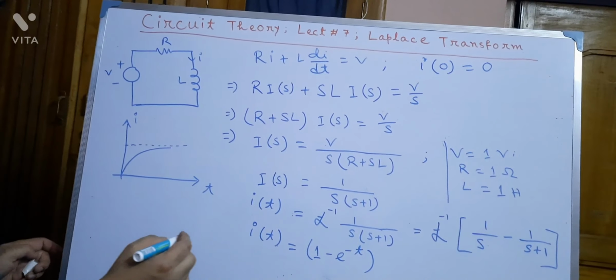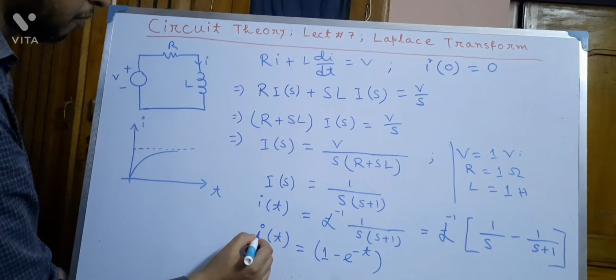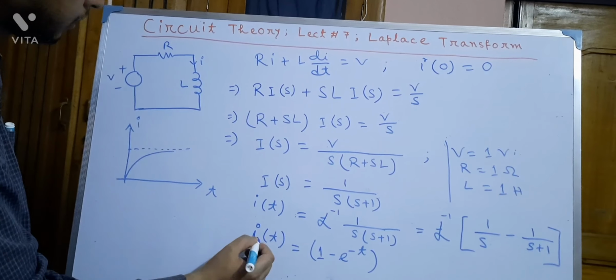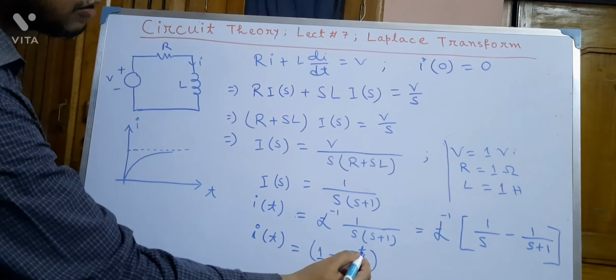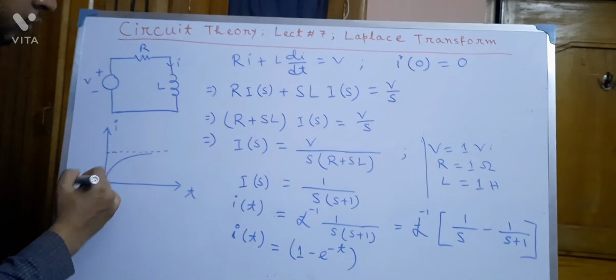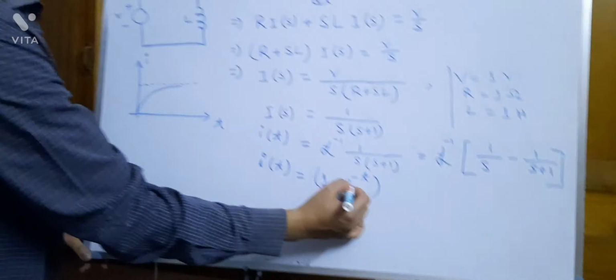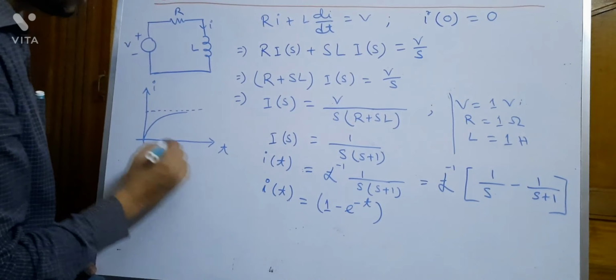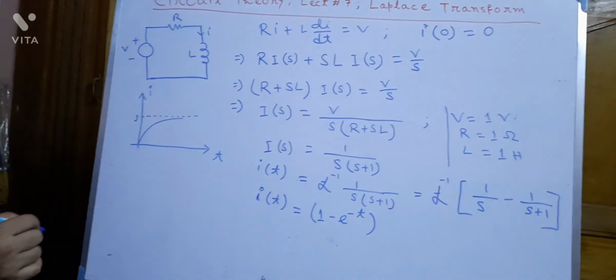Initially, when t equal to 0, the value of I equal to 0, because this will be equal to 1 and I(t) equal to 0. And when t equal to infinity, this will go to 0 and the final value will be equal to 1.